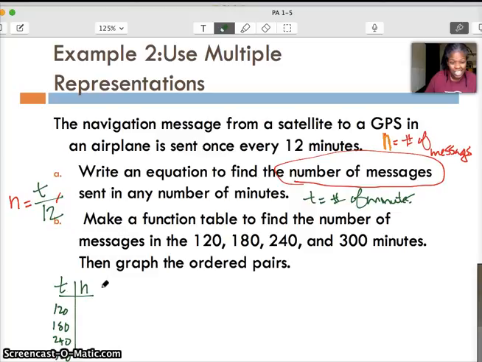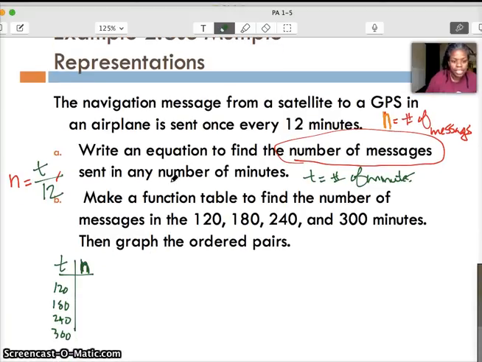And now to get the answer, I'm going to use the formula that we created. N equals t over 12.